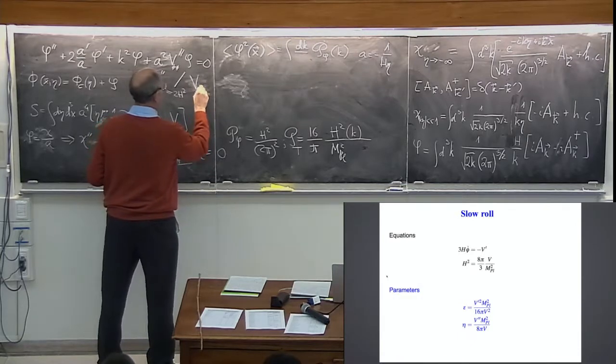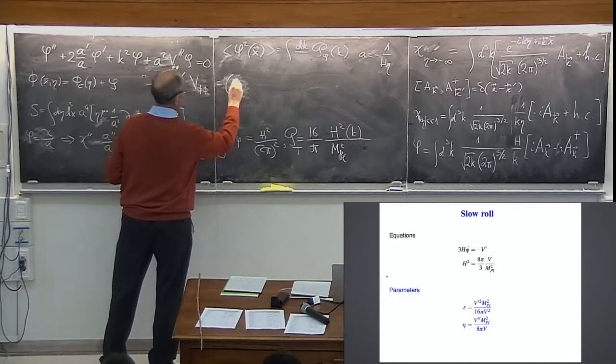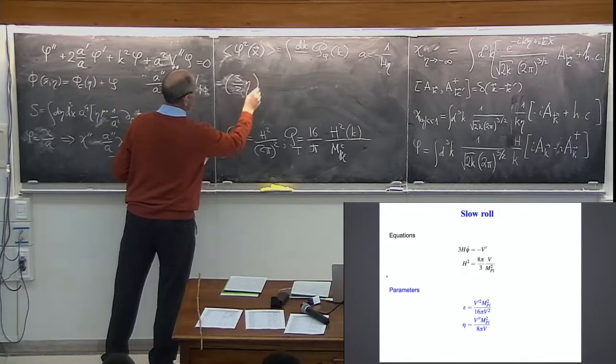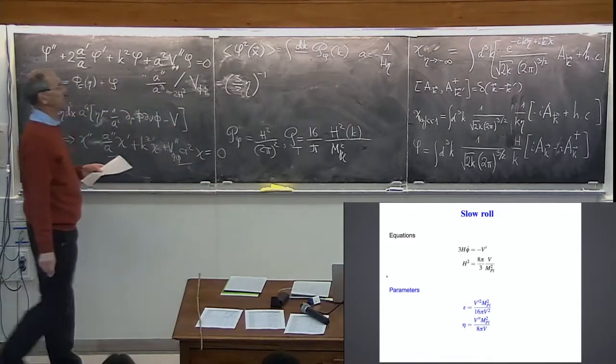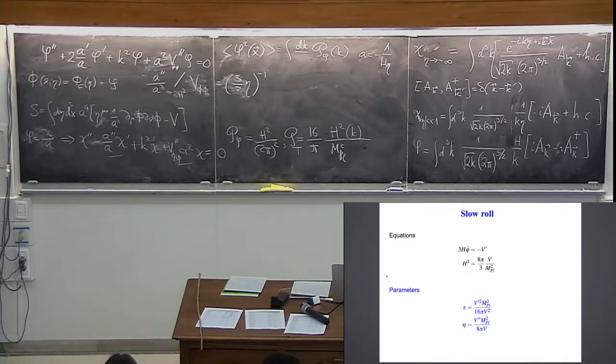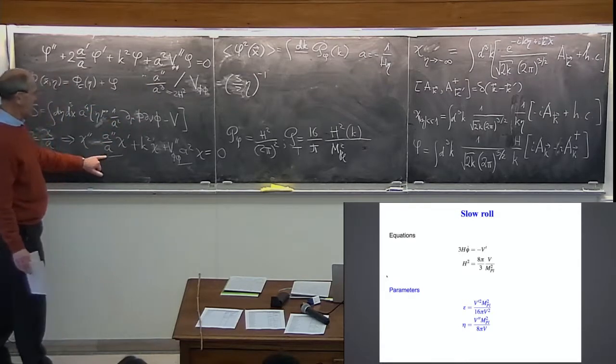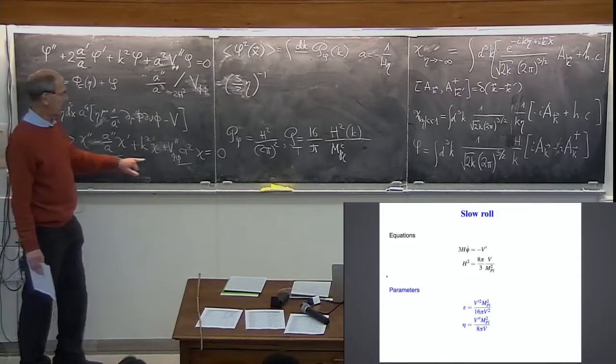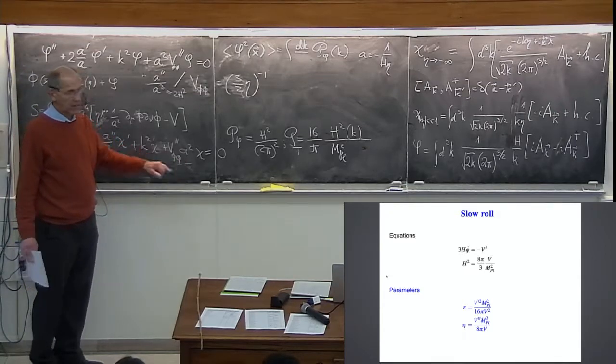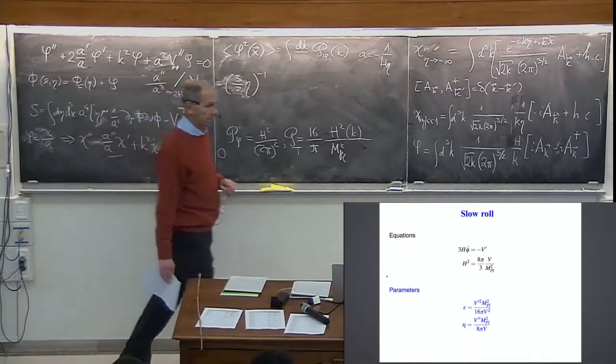Yeah, V phi phi over this equals 3 over 2 eta minus 1, where eta is the slow roll parameter.